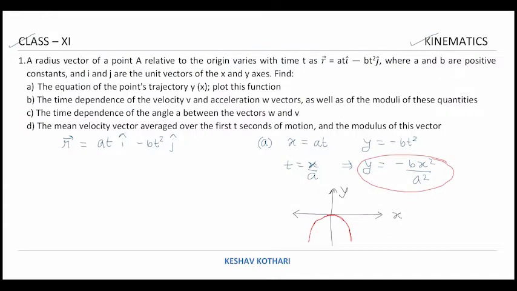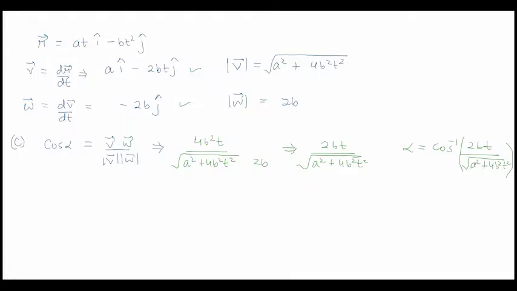The next question is the mean velocity vector averaged over the first t seconds of motion and the modulus of this vector. So the last part asks us to calculate the average value of velocity.